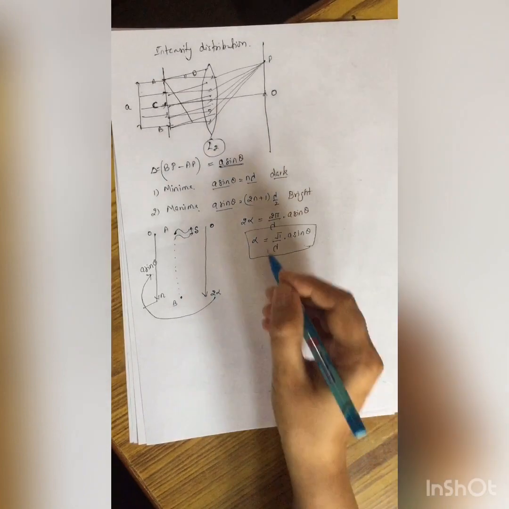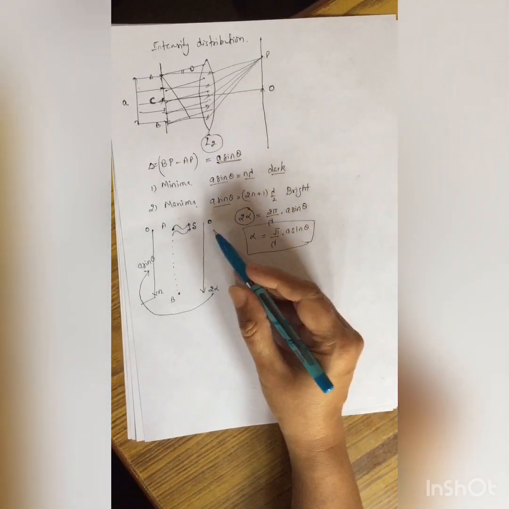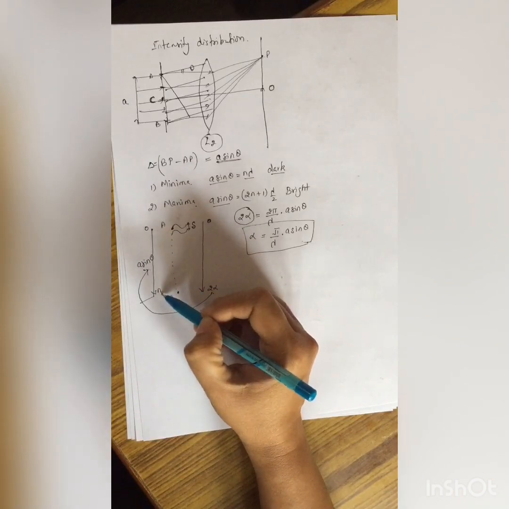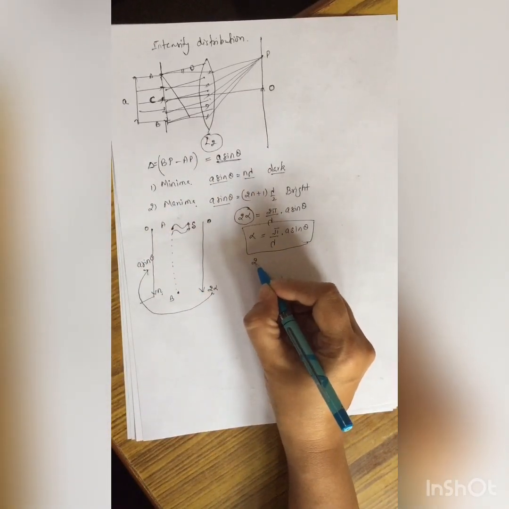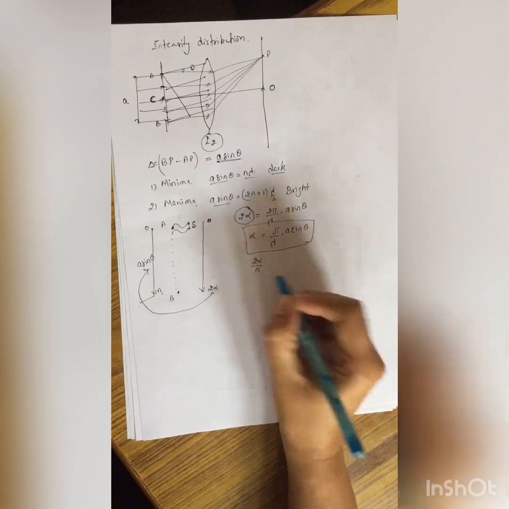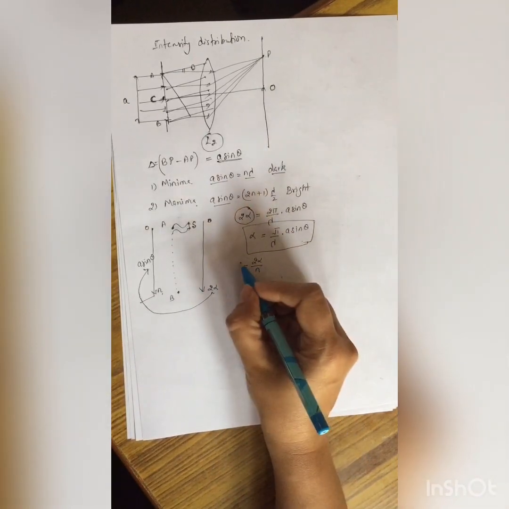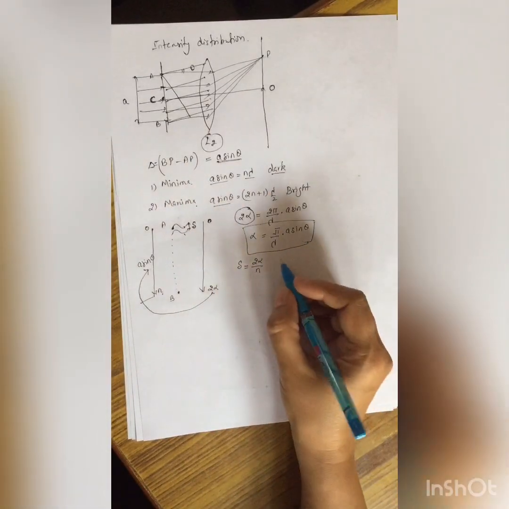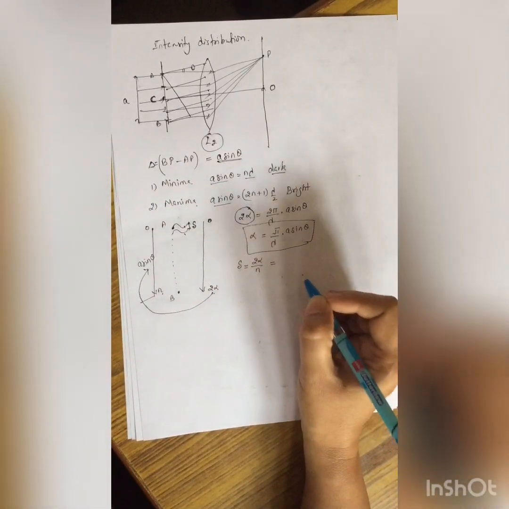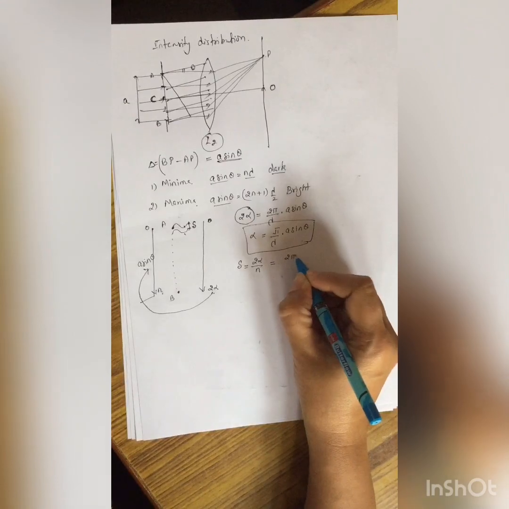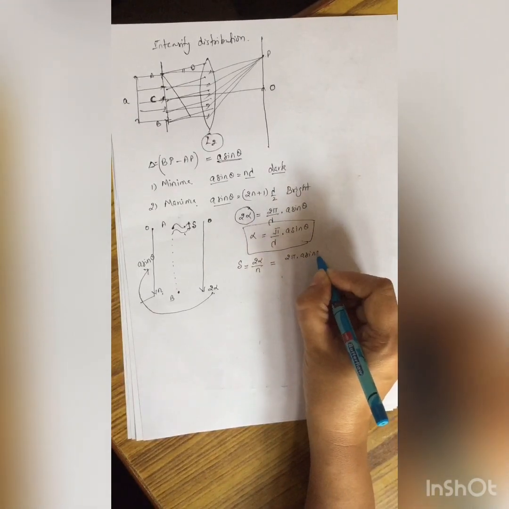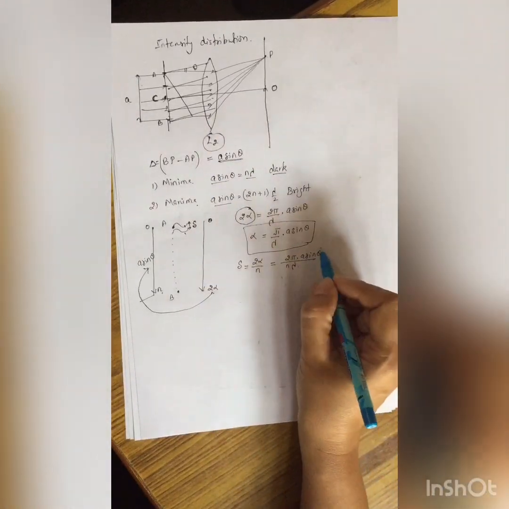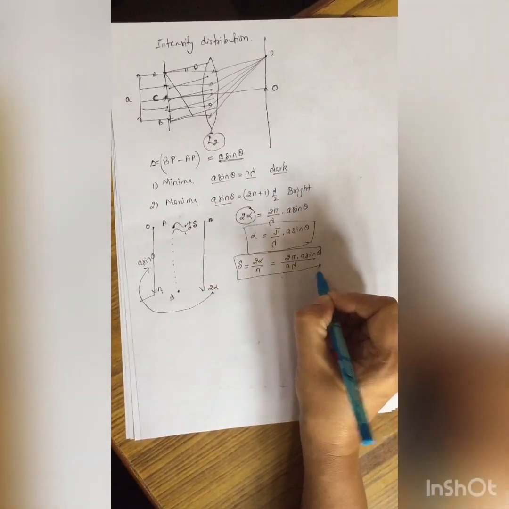Now we have divided this phase difference 0 to 2 alpha into n parts. So 2 alpha upon n is equal to the small deviation between these two waves, and it can be given as 2 pi times a sin theta upon n lambda according to our condition.